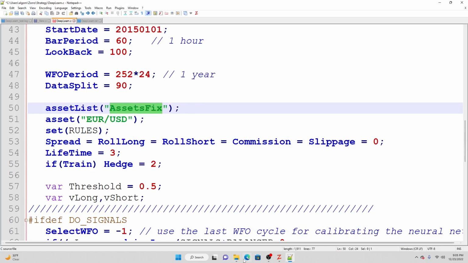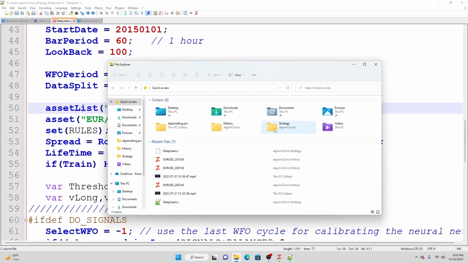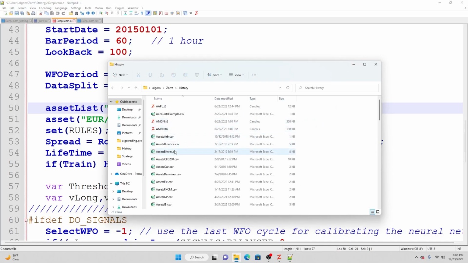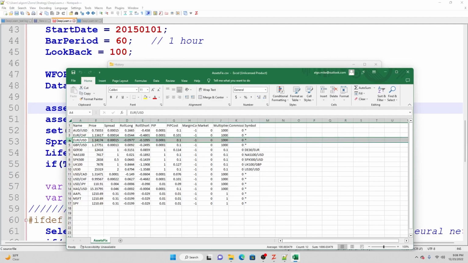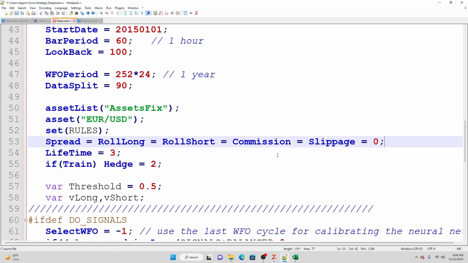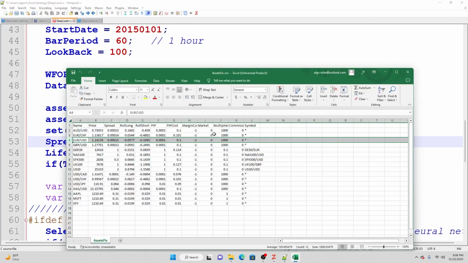Now, in the asset fix file that basically dictates our simulation parameters, we do have the Euro USD pair. This is where Zorro is looking if these are not zero. This is where it gets the information from.